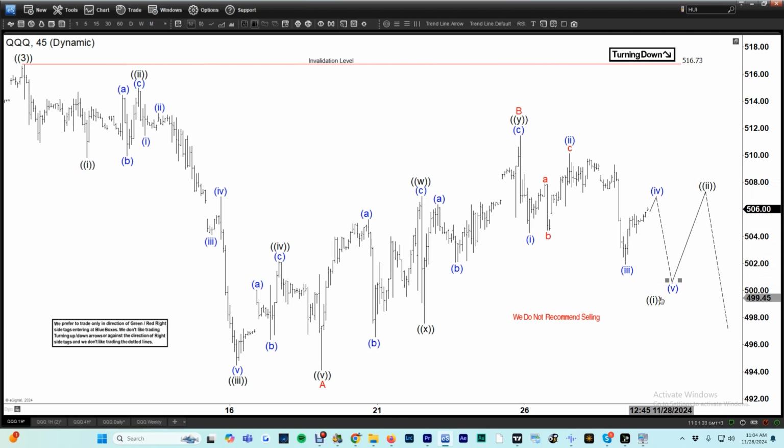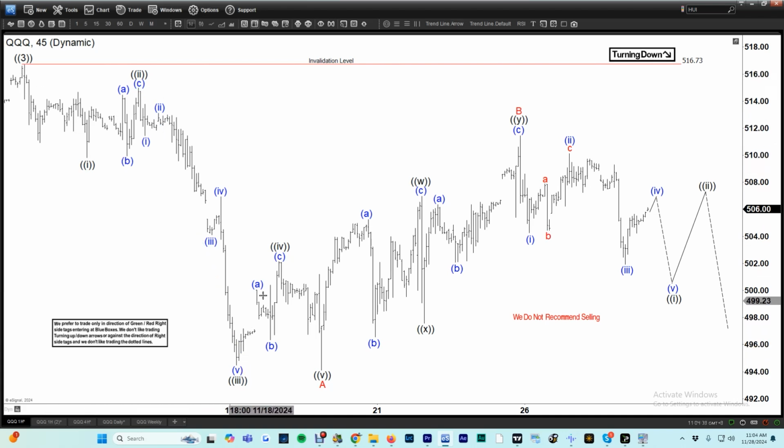Now let's take a look at the shorter cycle of QQQ, the 45 minutes time frame. What I see here is what looks like a clean 5 waves down. You've got a clear extension on the third leg, which is typically the characteristic of a wave 3 of an impulsive structure.